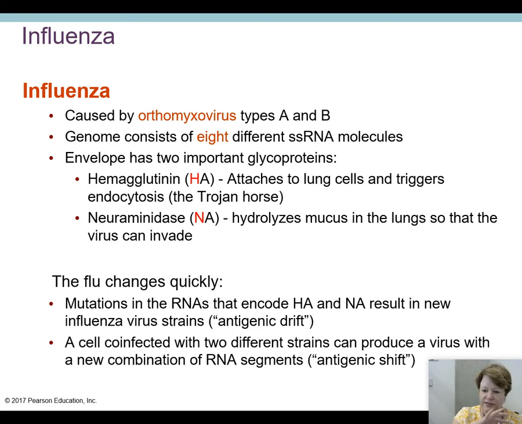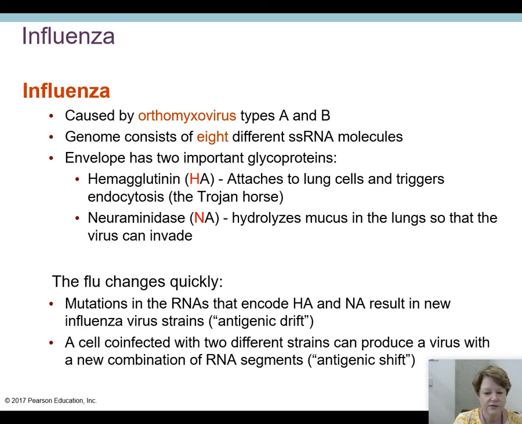And antigens are the things that are on the surface of the virus. In humans, we have antigens on our cell surfaces. I know viruses aren't cells, but they have things on their surface, so we still call them antigens. So they're kind of like identifying molecules on the surface of something. So the antigens on the flu virus change just by mutation.